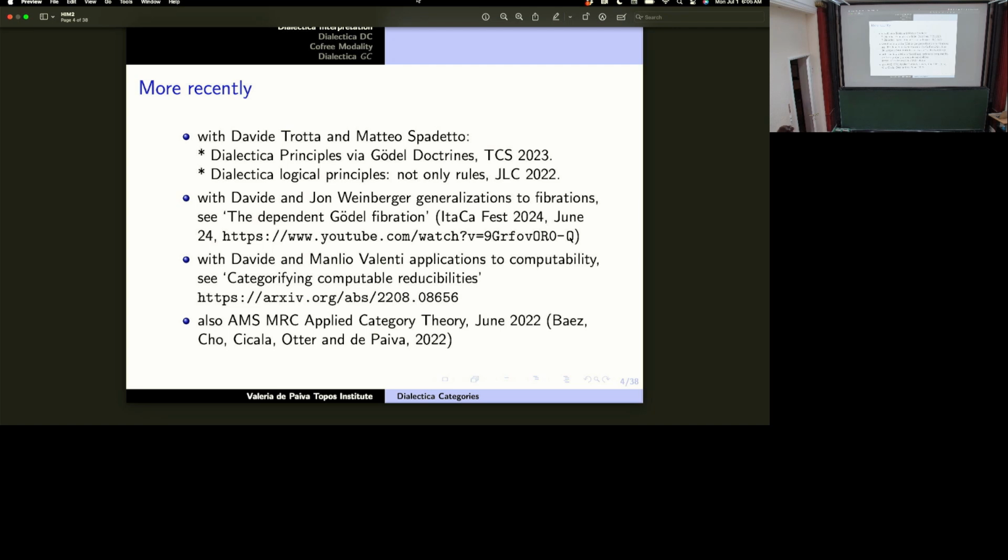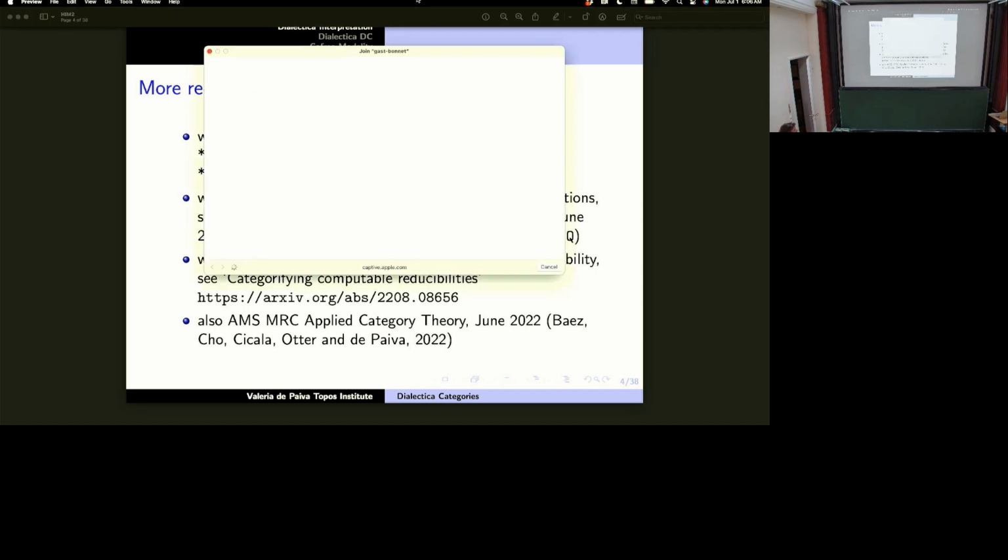In 2 weeks, John Weinberg is going to come here, and we're working on this dependent Gödel fibration. David Trotter was here, and the work on Gödel doctrines is with him. He is the main author. We are also working on using these categorical structures for applications in computability, and that's a new paper.